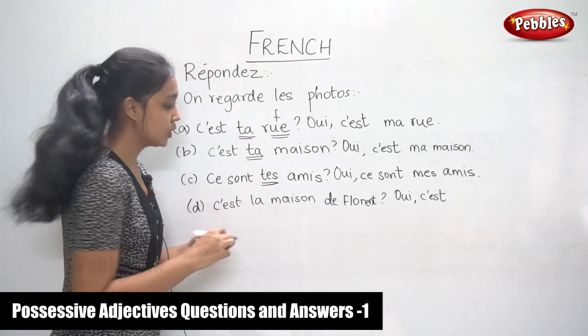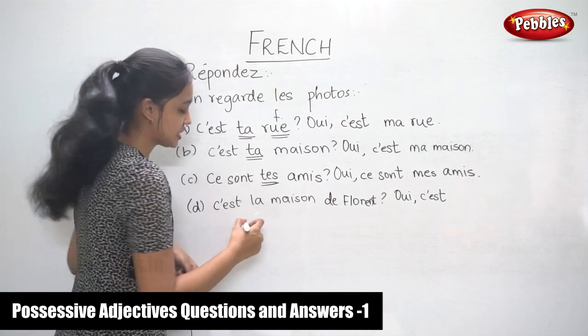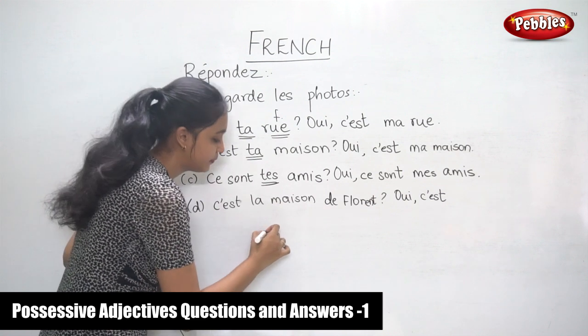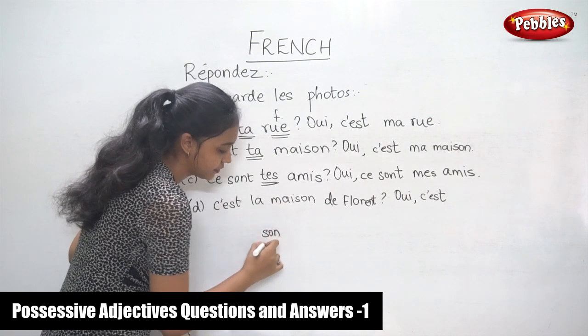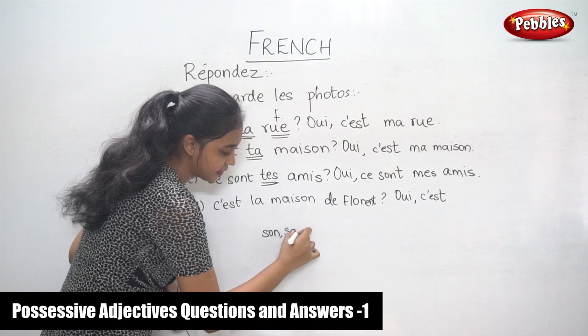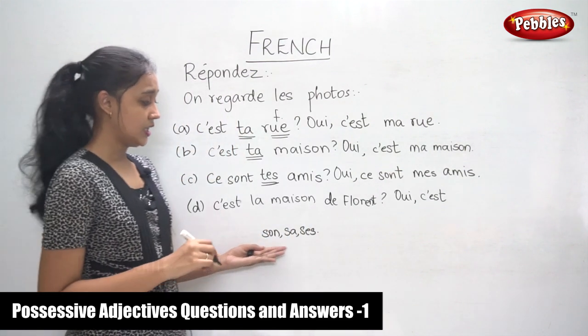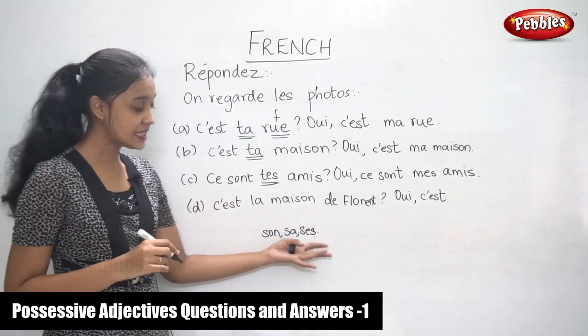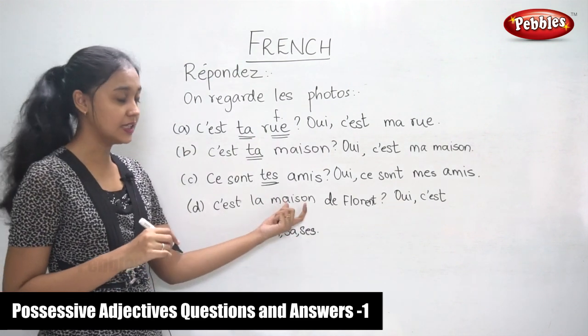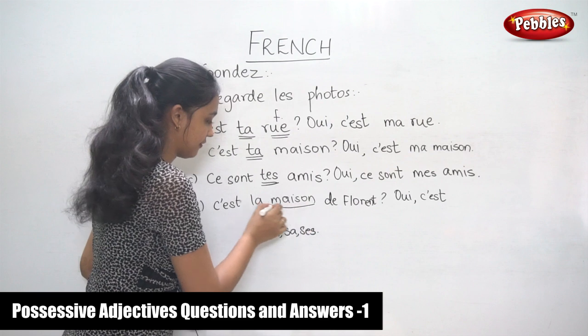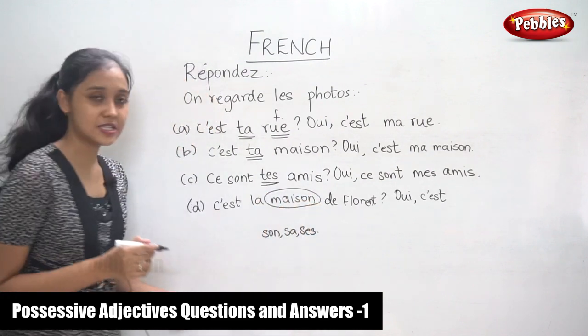So, what would be the third person possessive, third person singular? Son, sa, and ses, right? Now, I told you already, this depends upon the noun that we have. So, the noun here is maison.